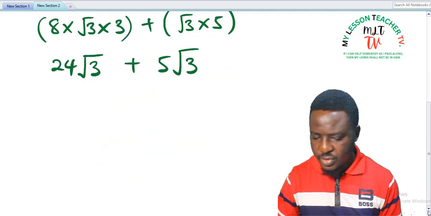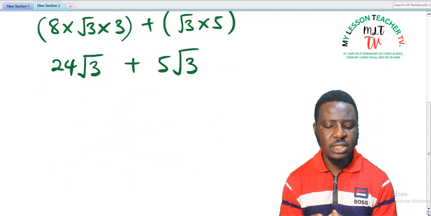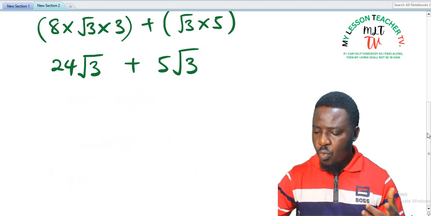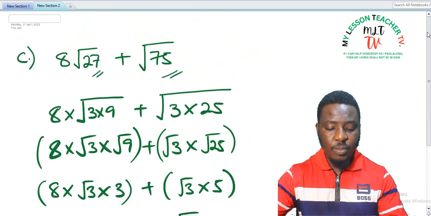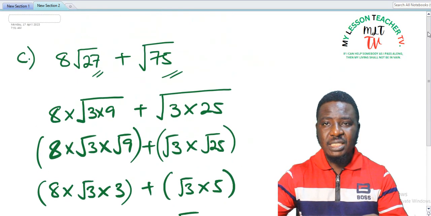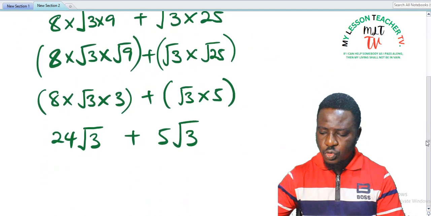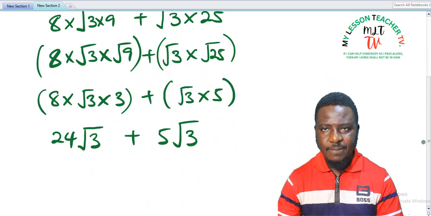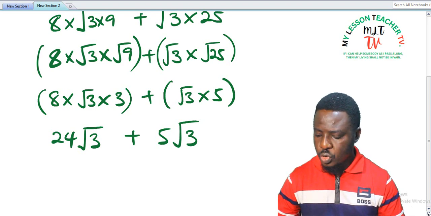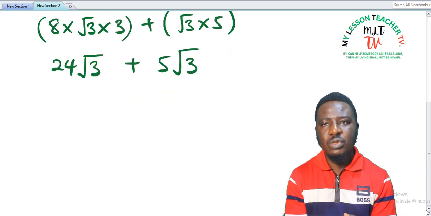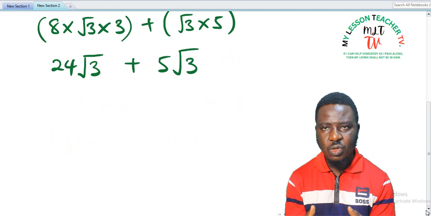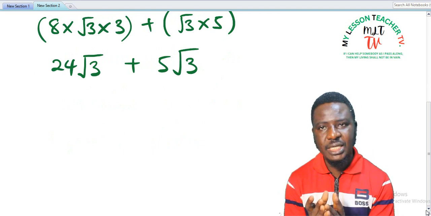Now, when you simplify this, you will discover that from what we got, or from the question, which looks as if they are not similar, but because I have been able to simplify it to its basic surd form, they are now similar. So you can now add them together because similar surds can be added or subtracted.